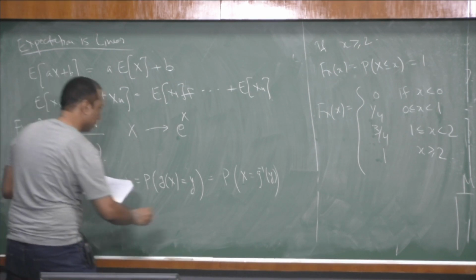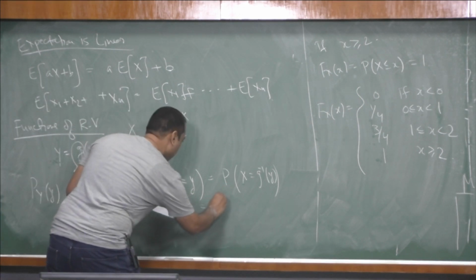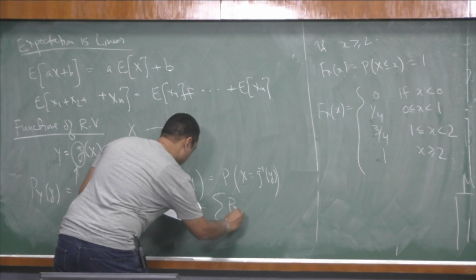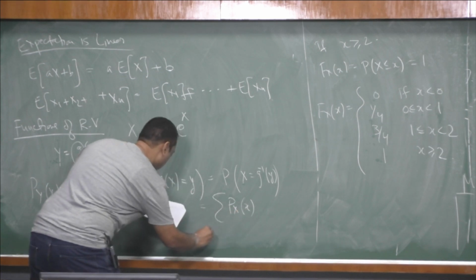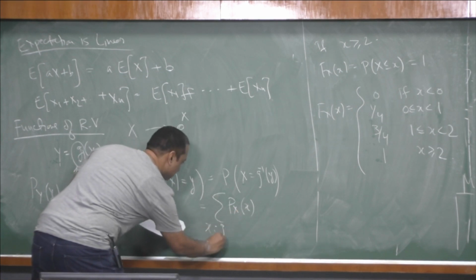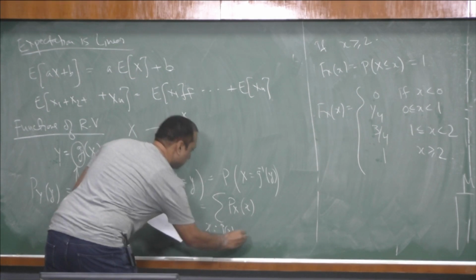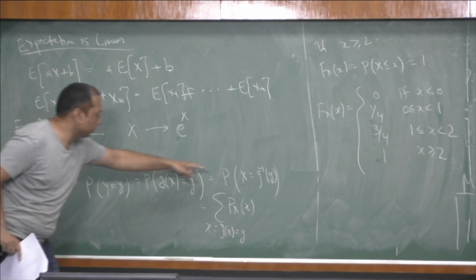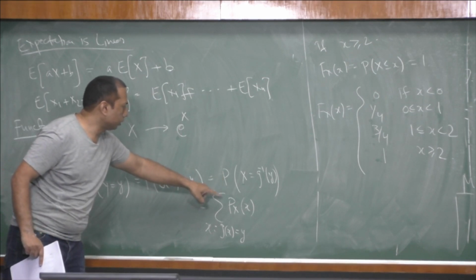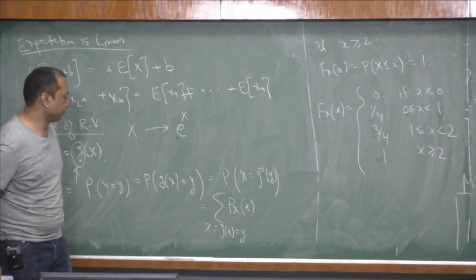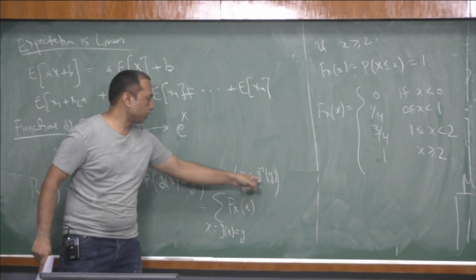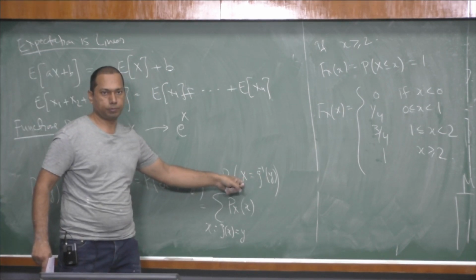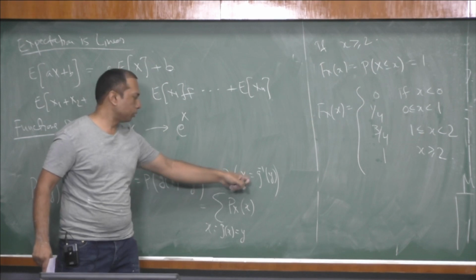And this is the same as saying P_X of x for all x such that g of x is y. This is like saying all possible x for which you had g of x equal to y, and you need to sum over.